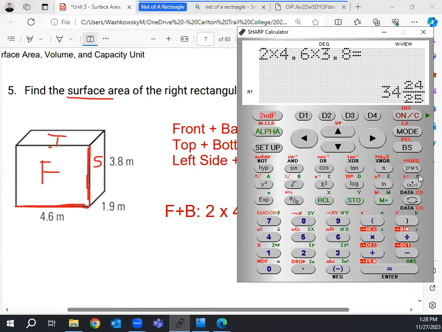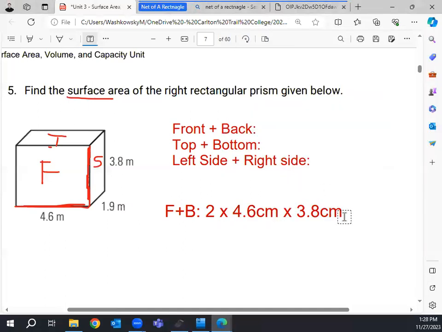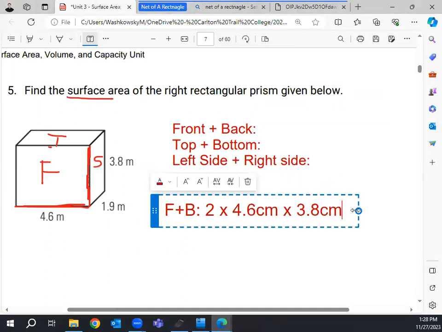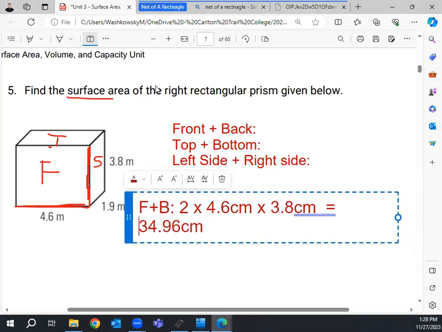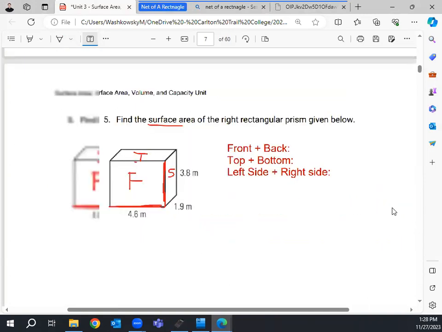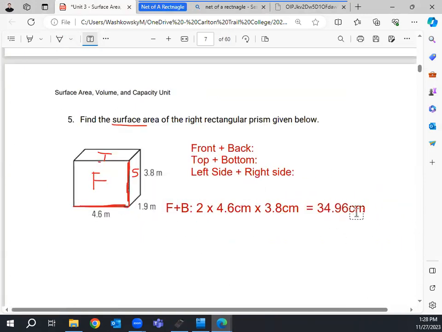And I can see it's going to be 34.96 centimeters squared.